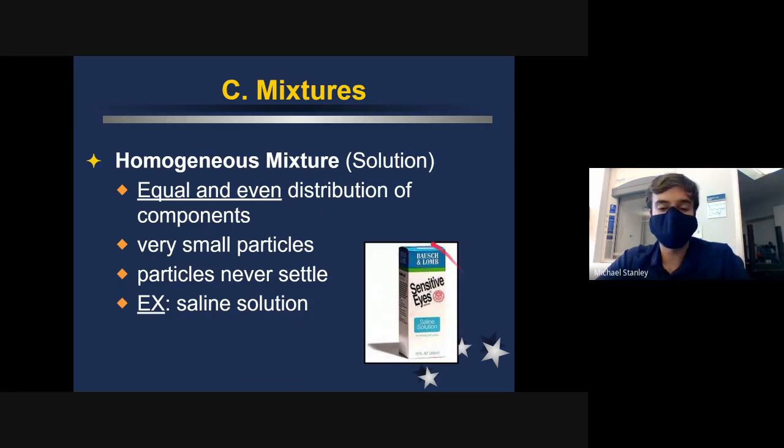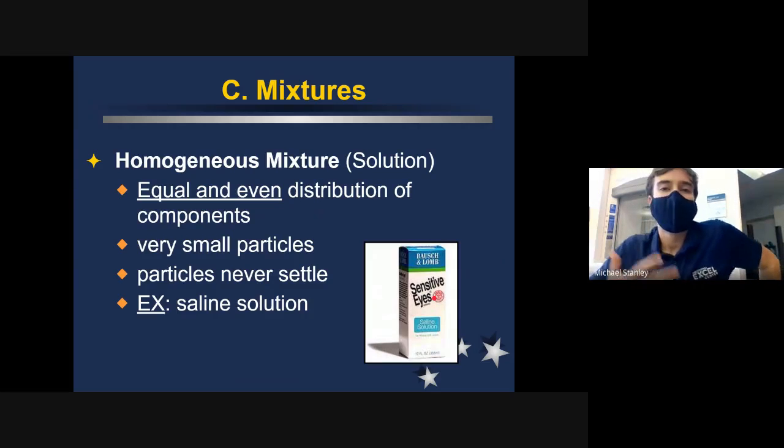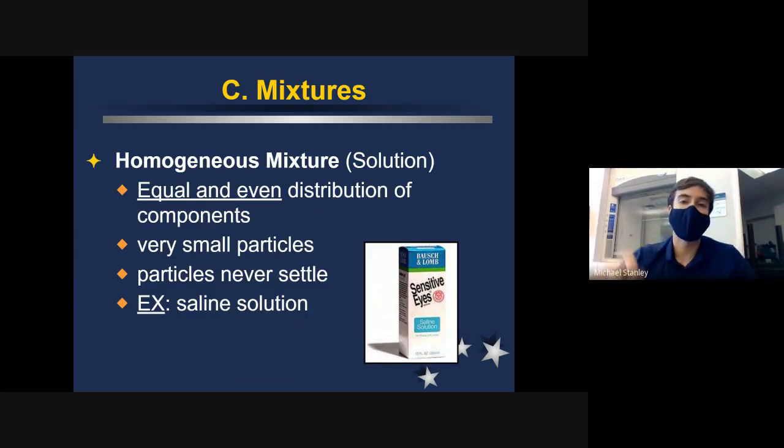So for example, in something like eye drops, like saline solution here, it's a mixture of eye medicine and salt and water. And whenever you put these in your eye, every single drop that comes out of this eyedropper should be the exact same, right? You don't want it to where the first couple drops all have super concentrated medicine in them, and then the last couple drops are basically just water.